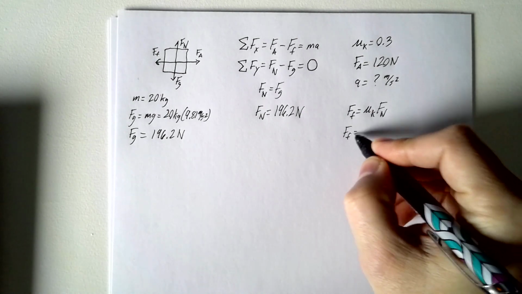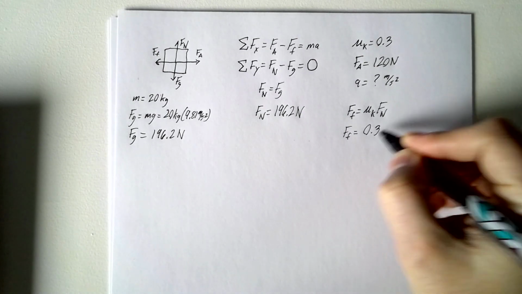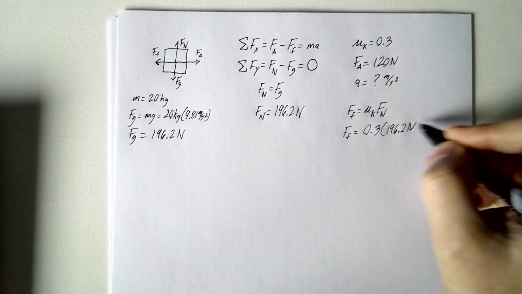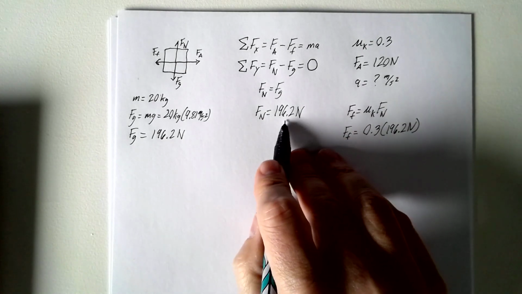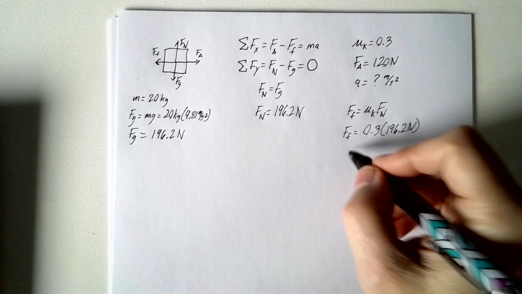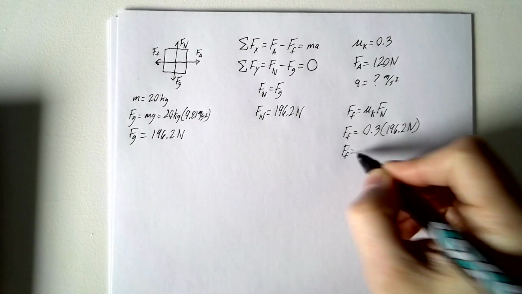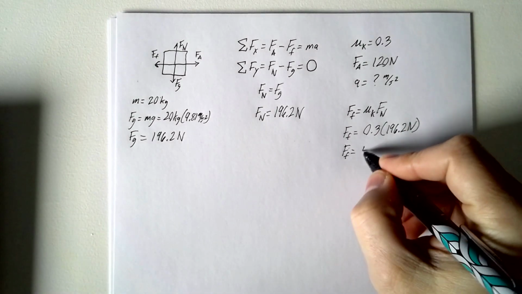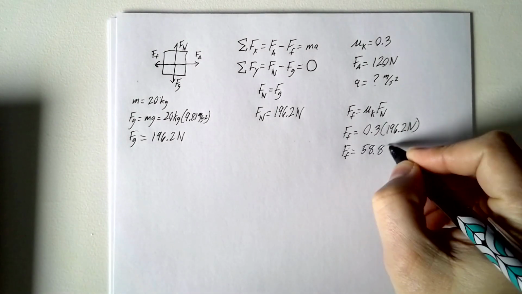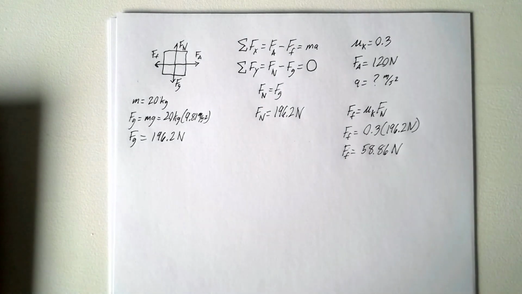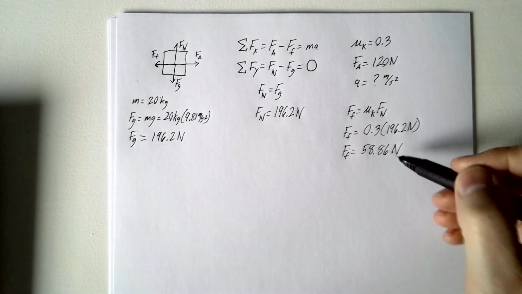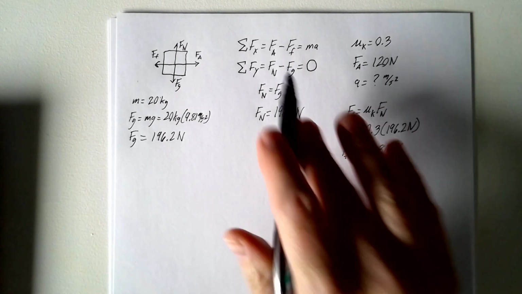So our force of friction here is 0.3 times 196.2 newtons. That comes from this right here, which we found. So our force of friction in this case is 58.86 newtons. So we are correct. We have an acceleration because the applied force is much greater than the frictional force.